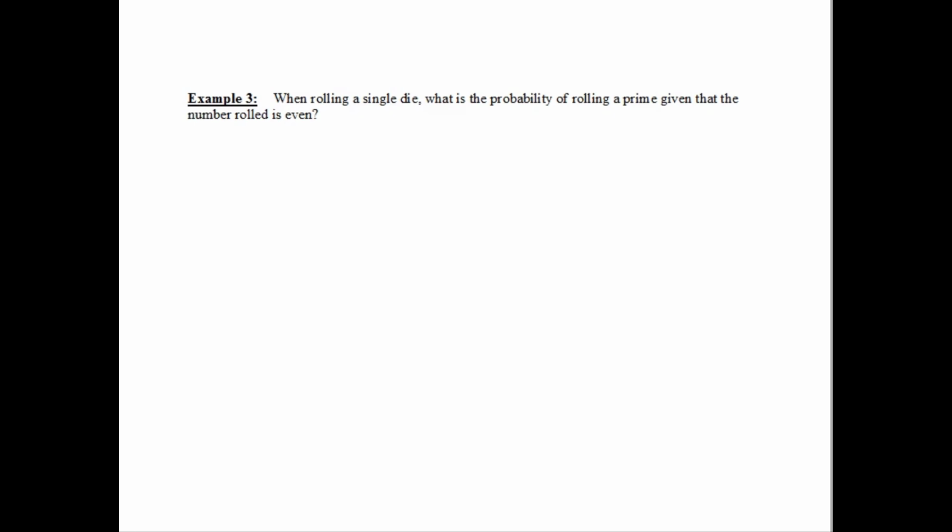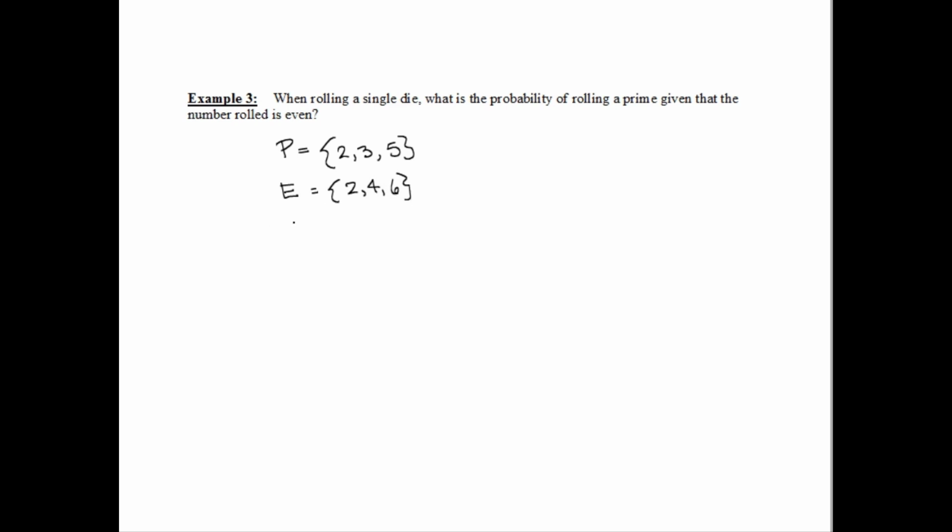Let's look at another one. Let's roll a single die and consider the probability of rolling a prime given that the number rolled is even. So let's let P be the set of primes that are on a single die. So that'll be 2, 3, and 5. Let E be the set of even numbers, which will be 2, 4, and 6.